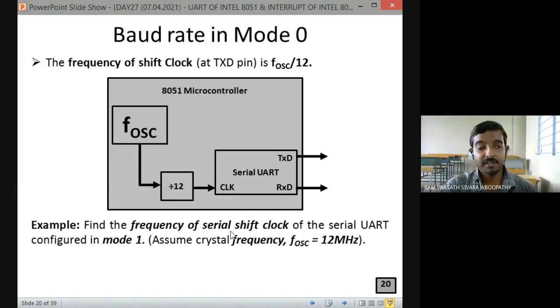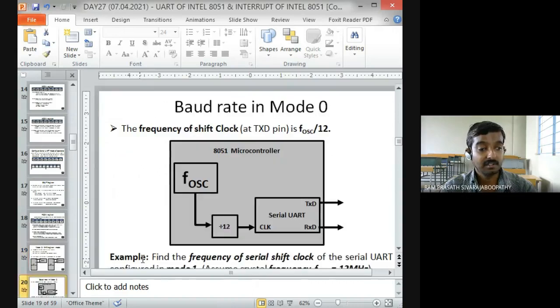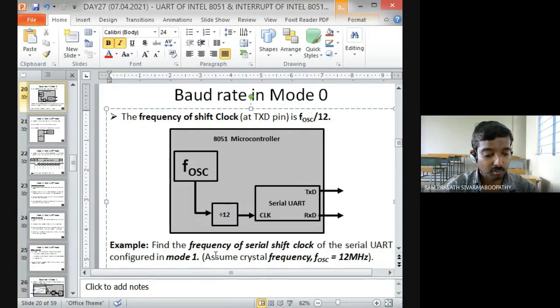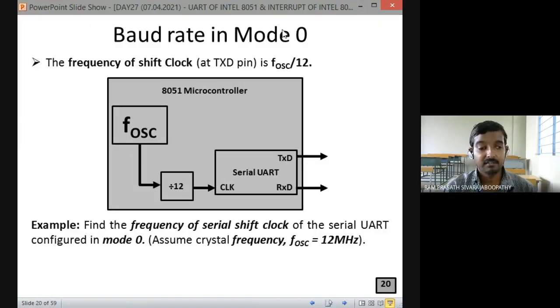Find the frequency of the serial shift clock of the serial UART configured in mode 0. Assume the crystal frequency is equal to 12 megahertz.